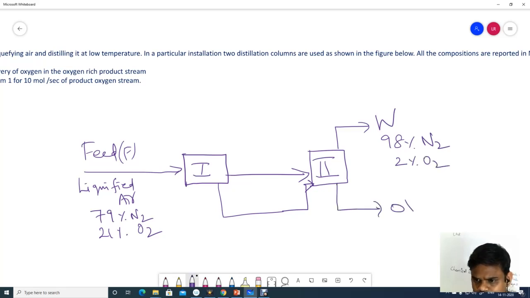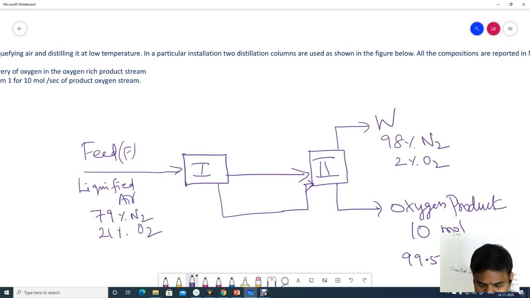There is one oxygen product, which is given as 10 mole per second, and the composition is given as 99.5% oxygen, 0.5% nitrogen. So we have stream 1.